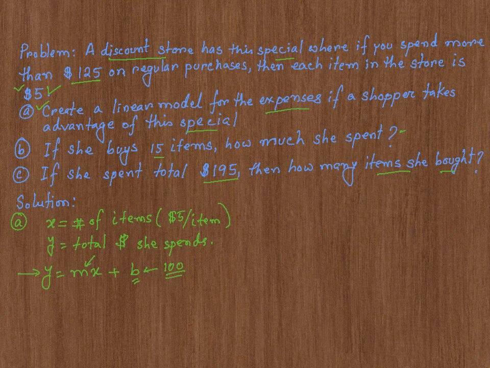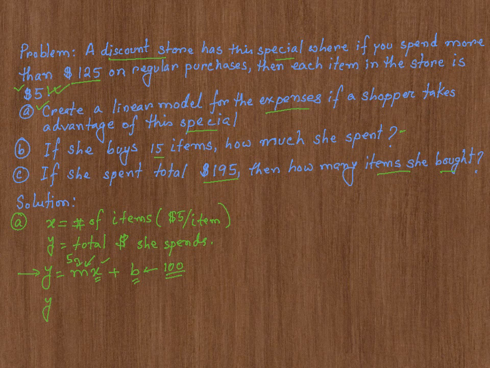Now, the next thing we need to look at is what is the slope? How much additional money she has to pay for purchasing each additional item, which is, by the way, $5. So my M is going to be 5. And X is the number of items she purchases using this offer.